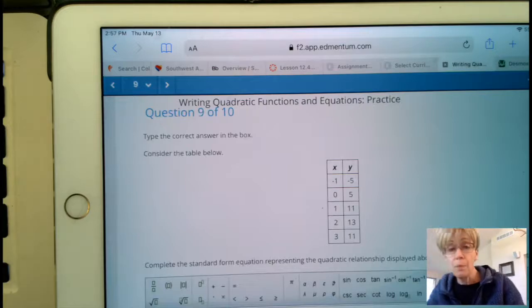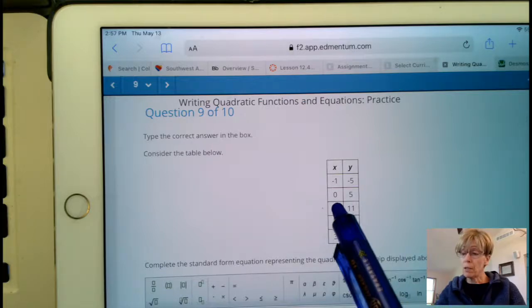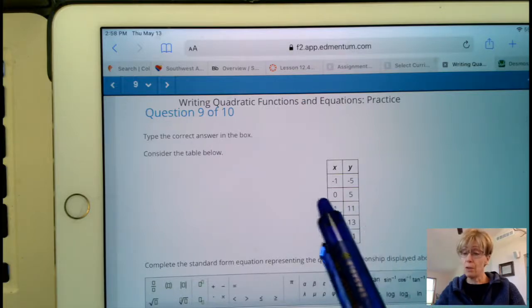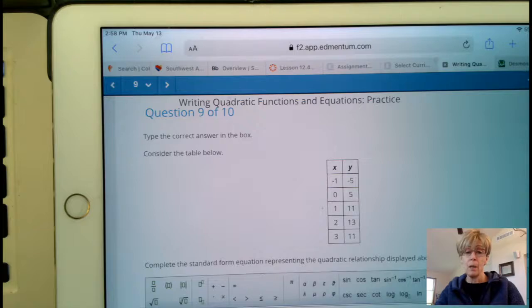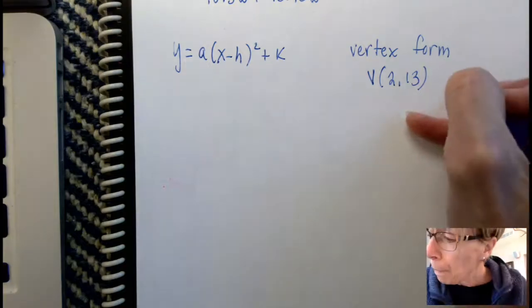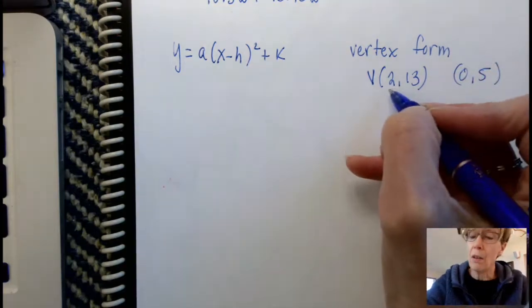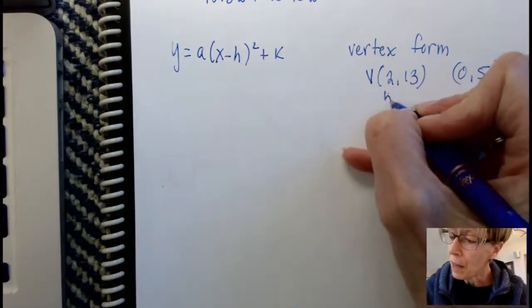So I'm going to use that point 0, 5. And in the vertex form, this is H, this is K, this is X, this is Y. And we're going to fill in Y as 5.